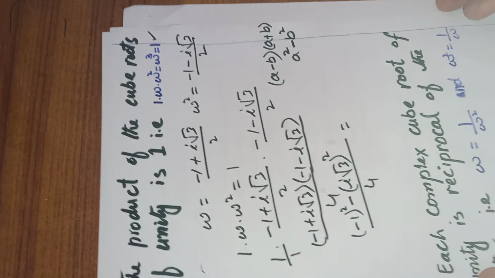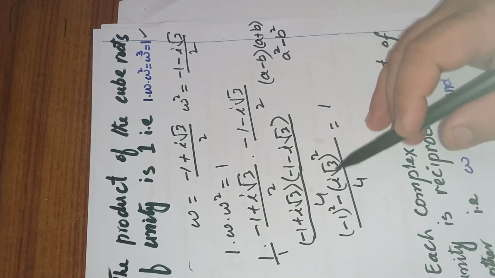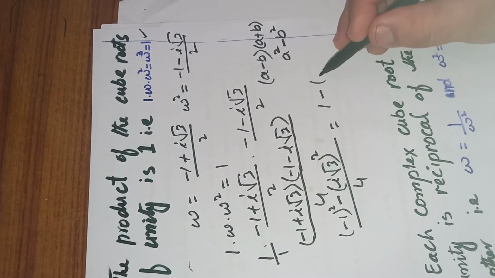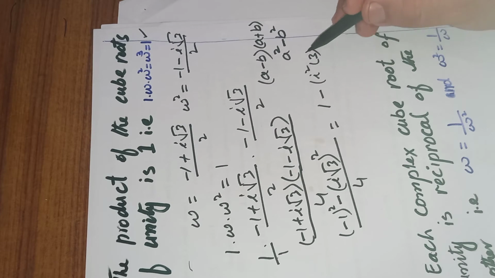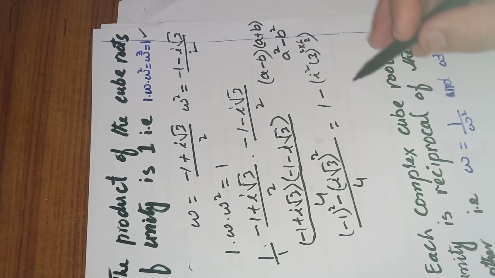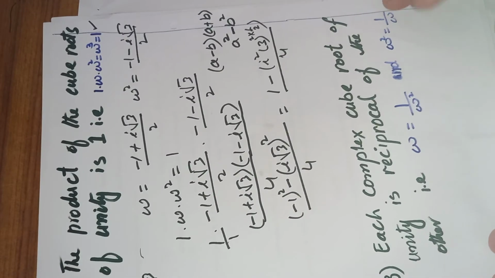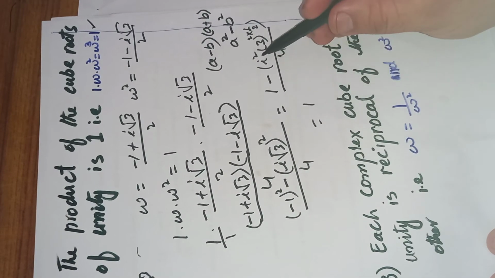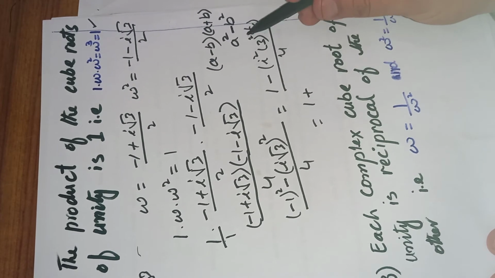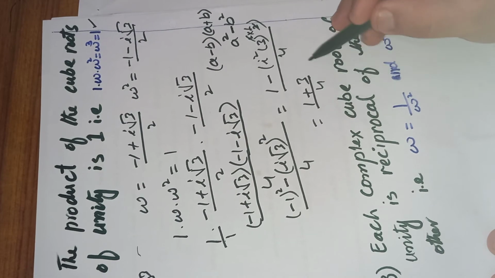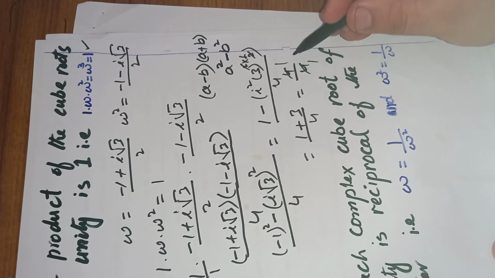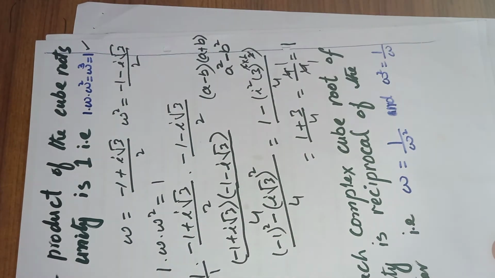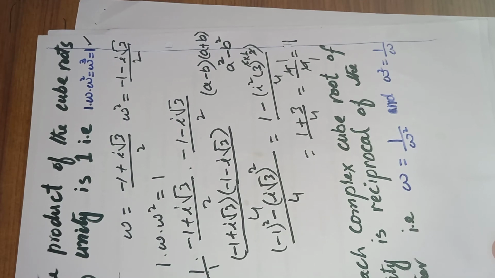When we simplify, (-1) squared is 1, minus i square times 3, where the square and the square root cancel, divided by 4. We got 1 here. i square means -1, so minus minus becomes plus, and 3 ones are 3, divided by 4. So 1 plus 3 is again 4, and 4 divided by 4 is 1, which is equal to the right hand side of this equation. Hence proved.